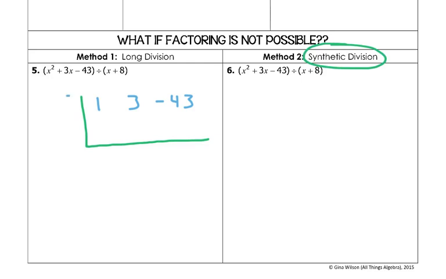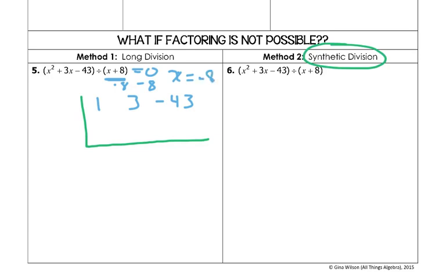Now we need a number to go outside of this box. What number are we going to put there? Well, if you look at this binomial, x plus 8, if we set that equal to 0, what would x be? We've done this before, finding our zeros. If we set this equal to 0, we'd subtract 8 from both sides and get x equals negative 8.